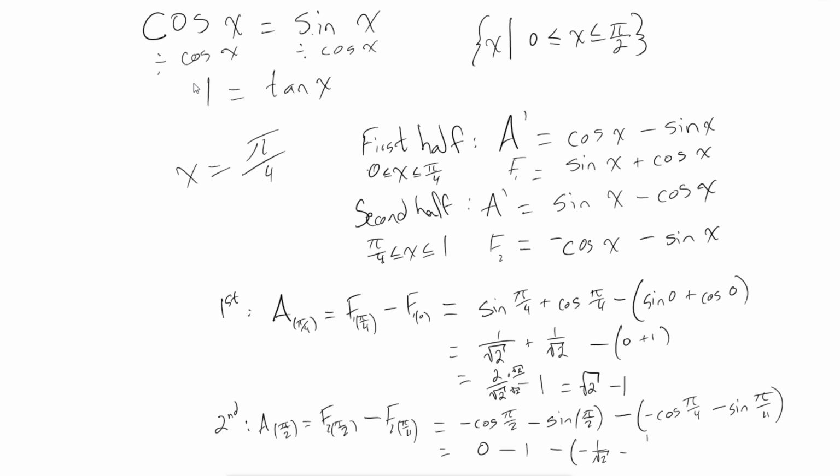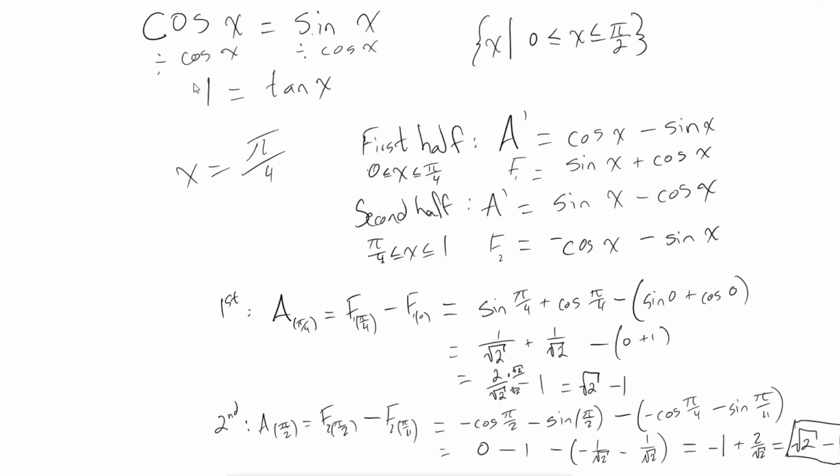Minus 1 over root 2, which simplifies to negative 1 plus 2 over root 2, which we've already determined is equal to root 2. So that's the same as root 2 minus 1.